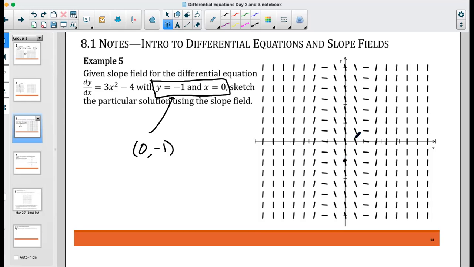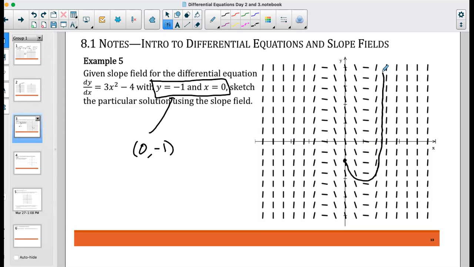X is 0, y is -1. And then you follow the slope field and see what it would look like. The slope is negative here, then it's 0, and then it's positive, and it goes pretty much vertical by the end of it. These pictures don't have to be perfect, but they have to be pretty good.